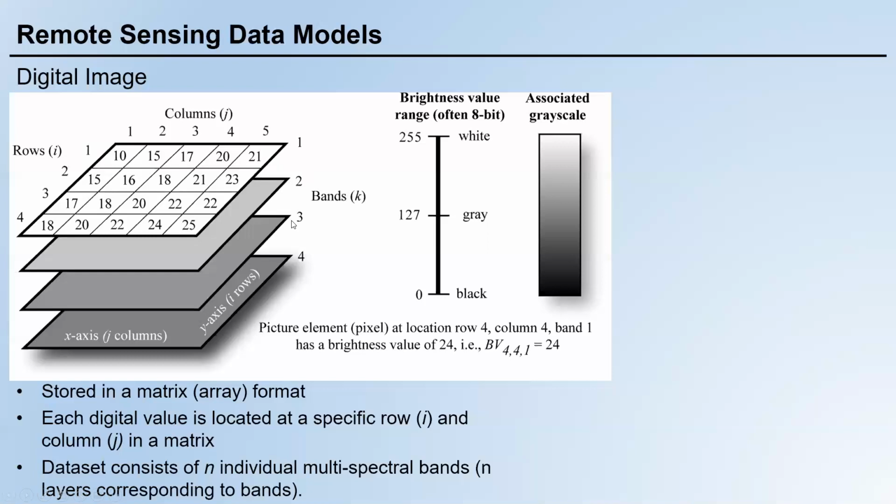And similarly, for that same pixel, it has another DN value for the blue band, which addresses the reflected blue energy, and also for near infrared. So a sensor could have 4 bands like this, could have 40 bands, could have 400 bands.